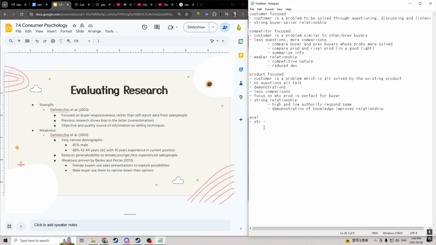Strength is the focus on, or let's just go through it first. We'll just do this. Focus on buyer responsiveness rather than self-report data from salesmen.